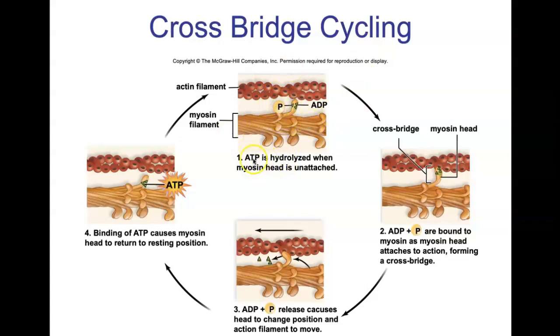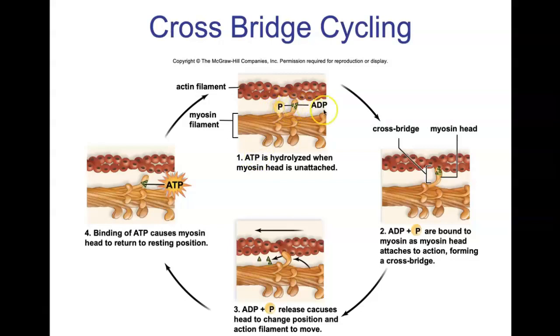So at step 1, when it says ATP is hydrolyzed when the myosin head is unattached, it means that you're going to add an ATP molecule. And because ATP has 3 phosphates, the ATP only gives up 1 phosphate. So this little phosphate is coming from the ATP, which gives up the phosphate.